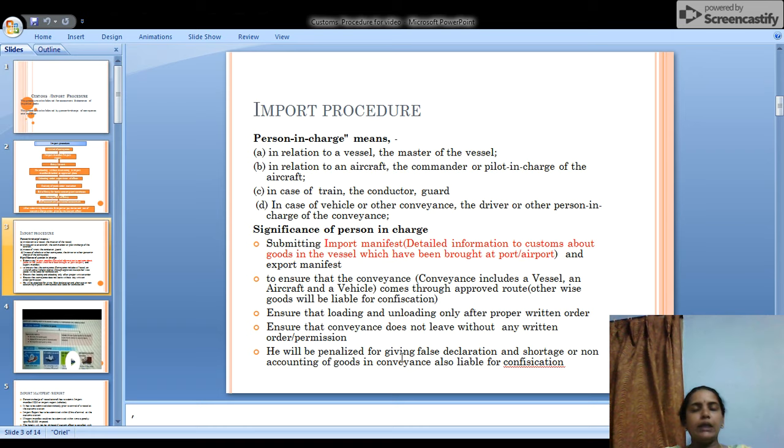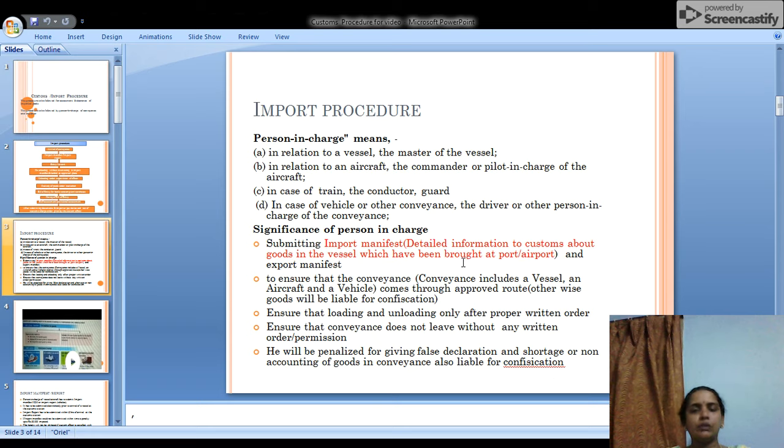He will be penalized if he gives a false declaration, which means in the import manifest he has to give accurate details. Shortage and non-accounting of goods in the conveyance are also liable for confiscation. It means if he has mentioned less quantity, or does not mention anything in the import manifest, in such situations also the goods are liable for confiscation.